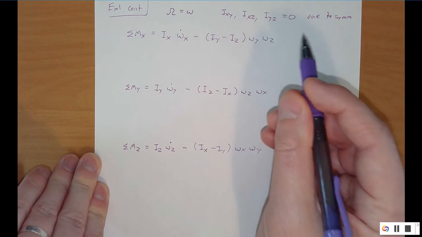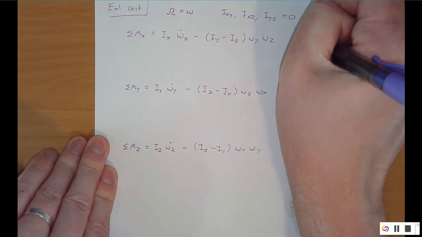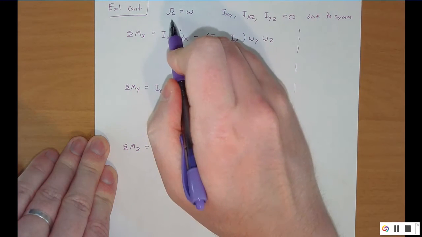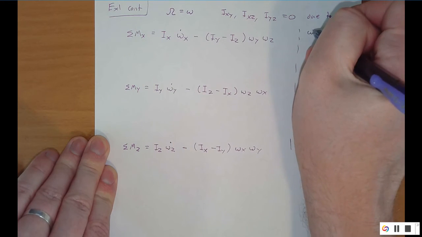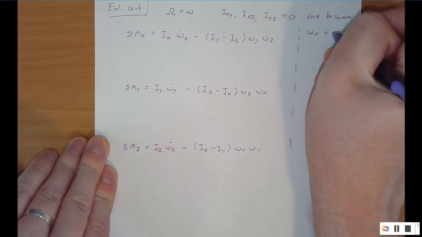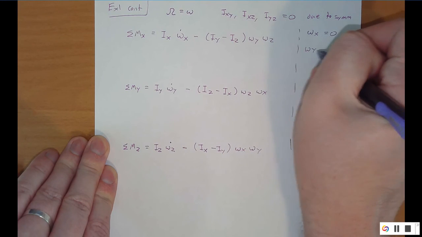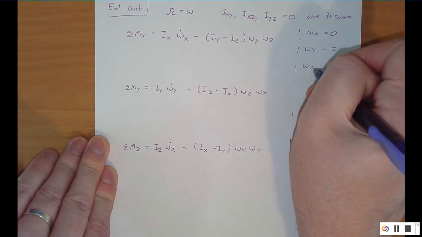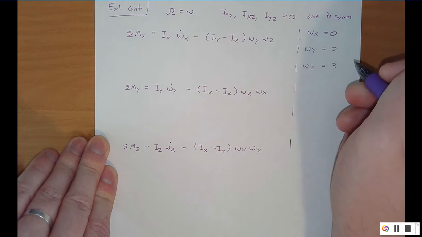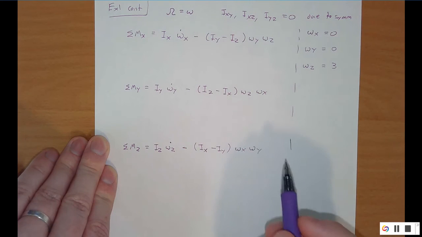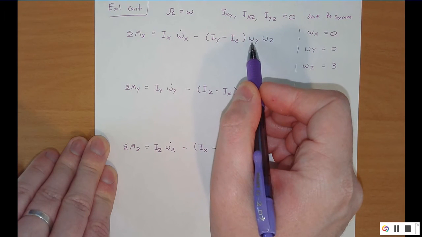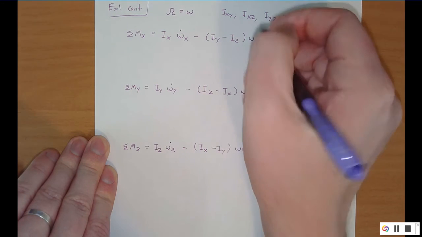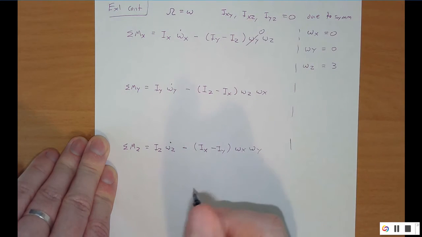We do know that, again, we know that big omega is small omega, so we know that omega x is 0. We know that omega y is 0. And we know that omega z is 3. So what that means is we have a case where omega y is 0, so we're going to zero out that entire term.